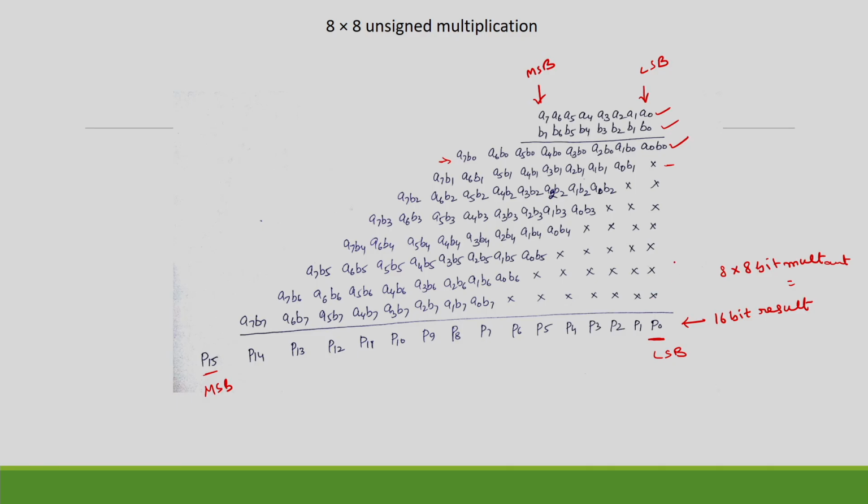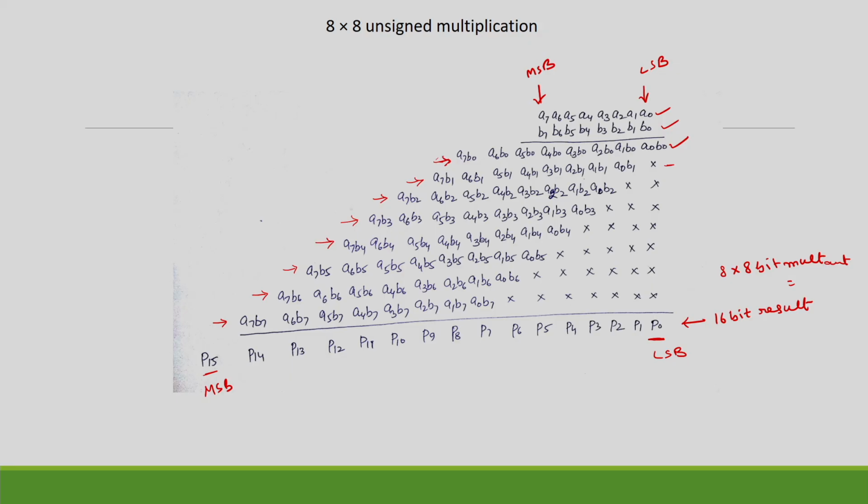So, totally we have to generate all this partial product. This is a partial product, this is another partial product, this is another partial products. Okay. So, totally we have 8 partial products. Once if we generate the 8 partial products, then you can perform the addition of these partial products using full adders. Okay.